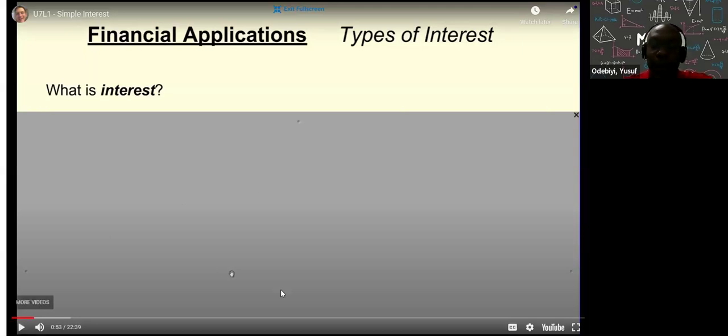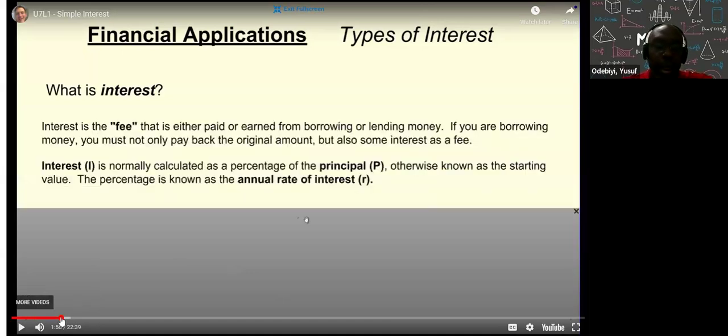Let's fast forward a little bit. Right now we're going to talk about interest, and our first topic is going to be simple interest. Here's a definition: interest is the fee that is either paid or earned from borrowing or lending money. If you borrow money, you must not only pay back the original amount, but you have to pay some interest as a fee.